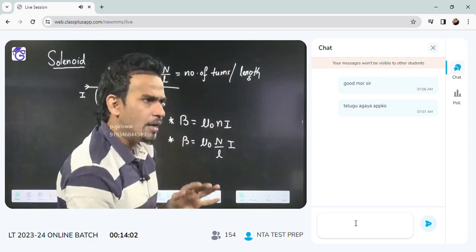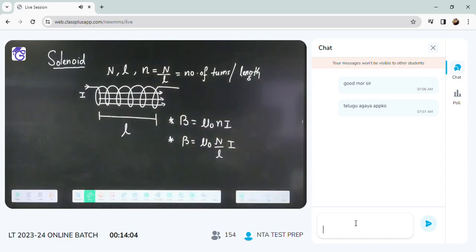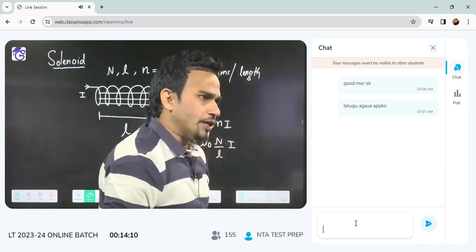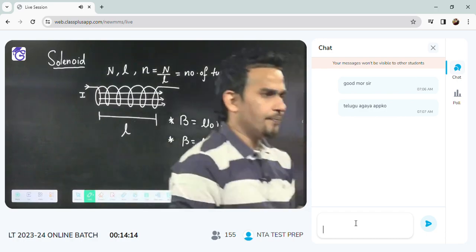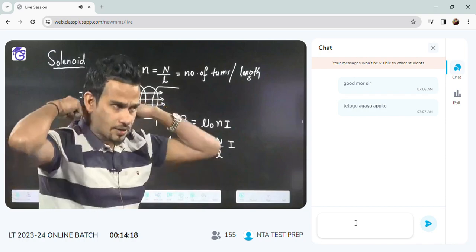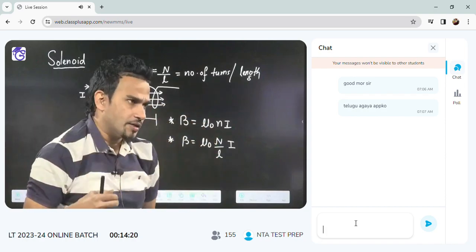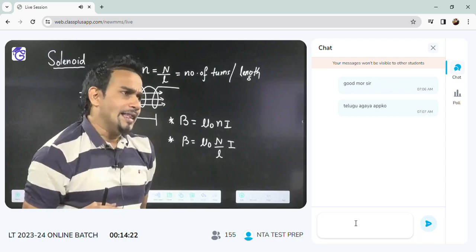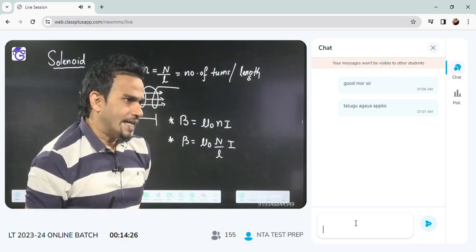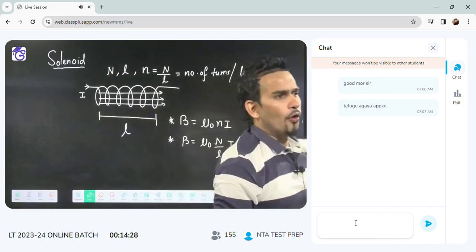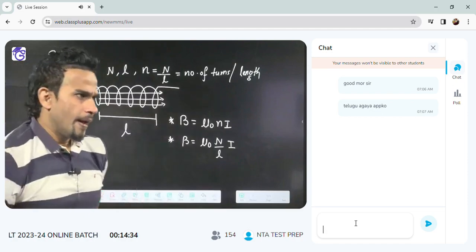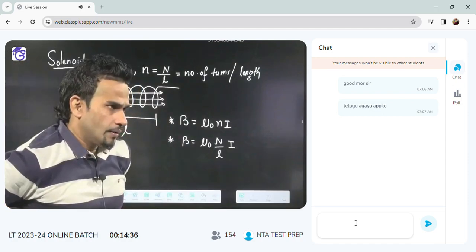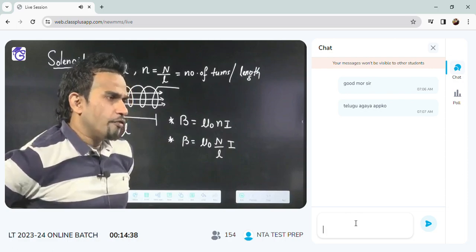You can try, you can do it by yourself, you can write. Just use this formula. A solenoid has 100 turns and a length of 50 centimeter.